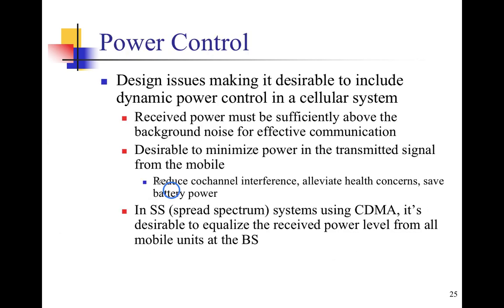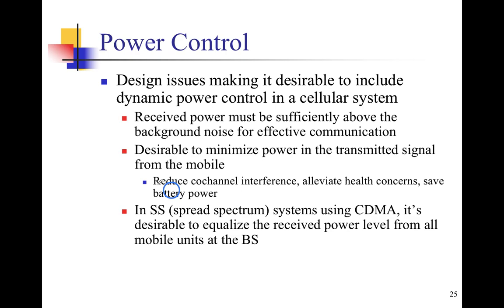This one is focusing on power control. As we mentioned, power control is sometimes handled by the base station and also the mobile unit. We will see this one. Design issue: making it desirable to include dynamic power control in a cellular system.